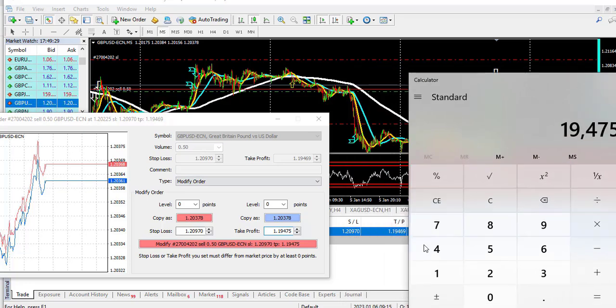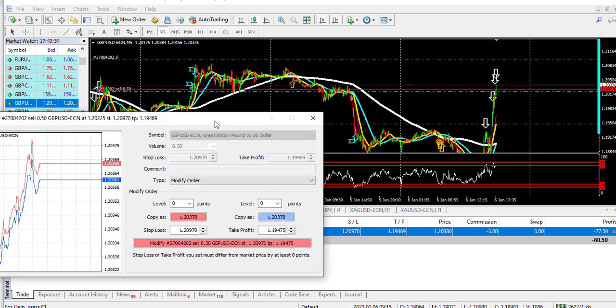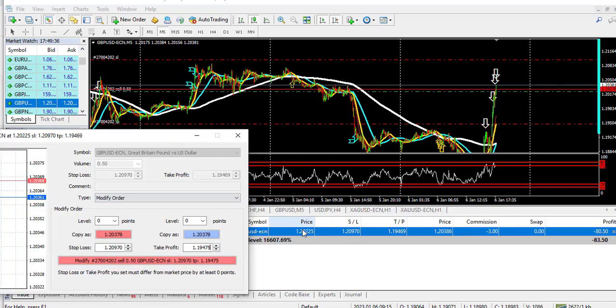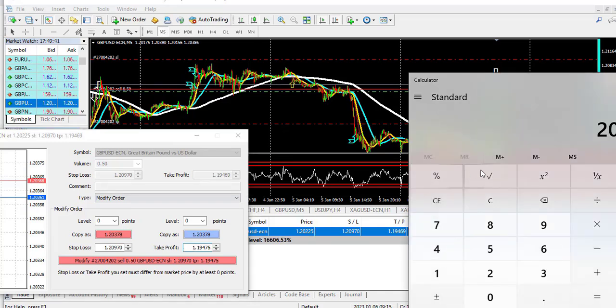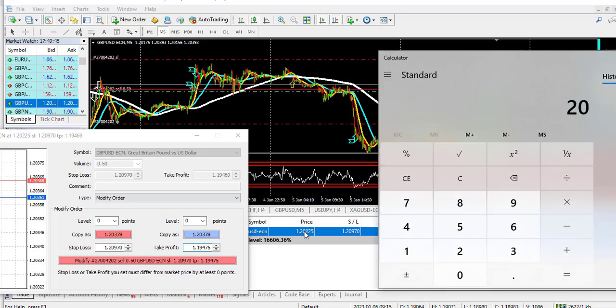Now to get my 75 pips loss, I'll also do the price 1.20225 plus 750.